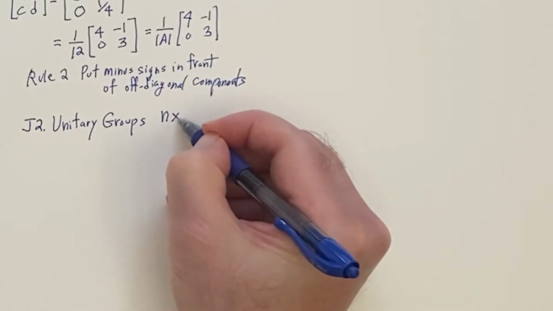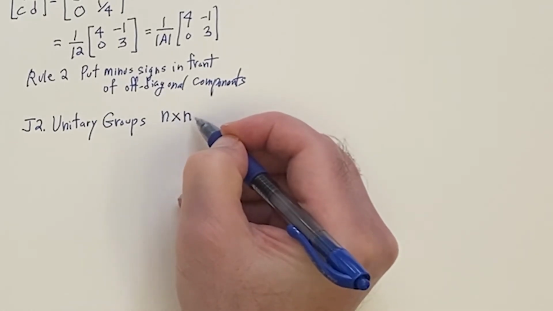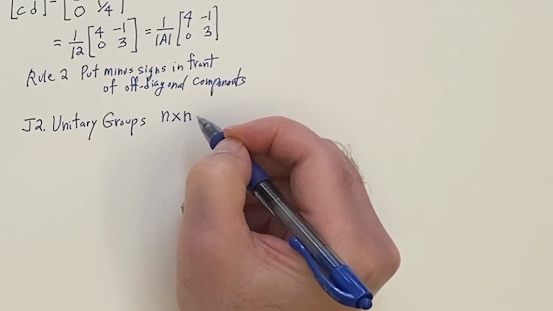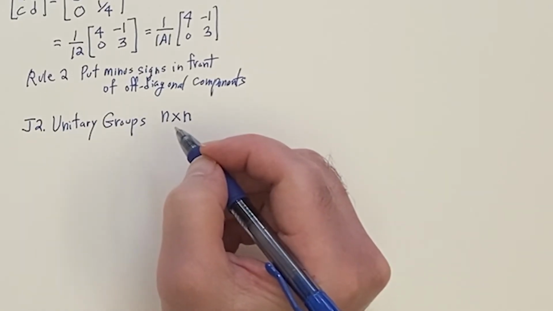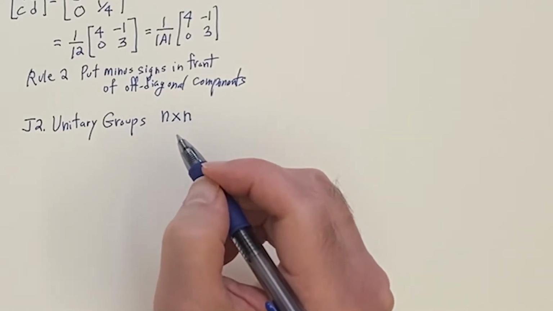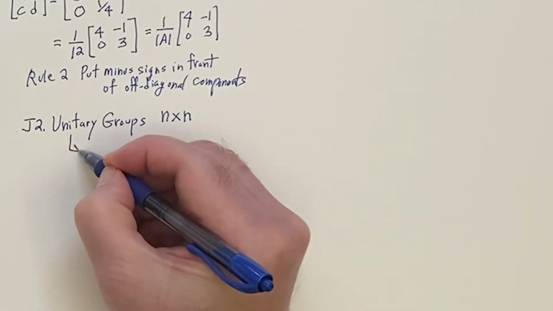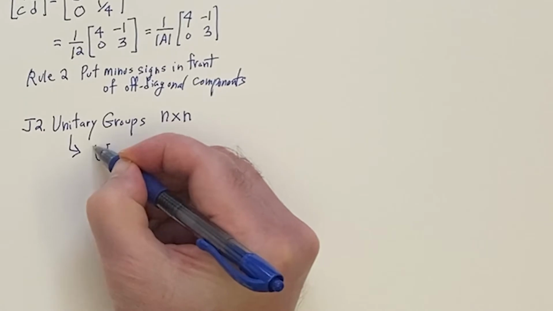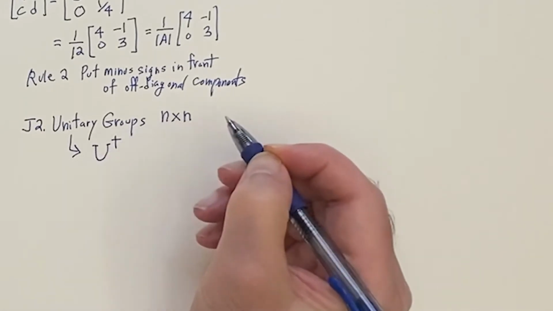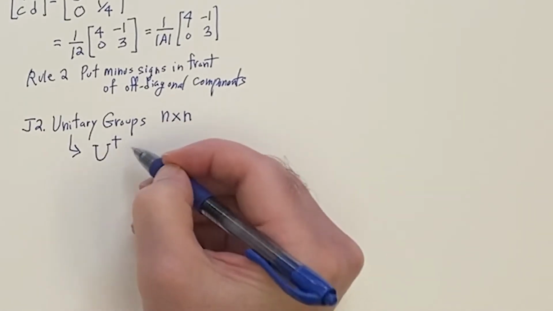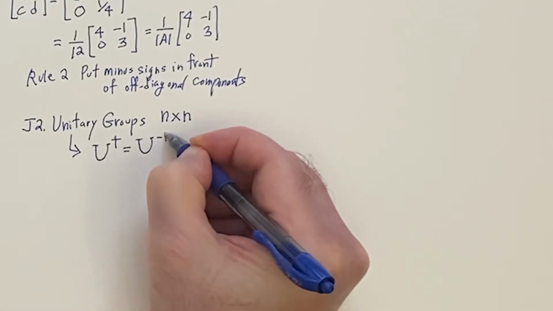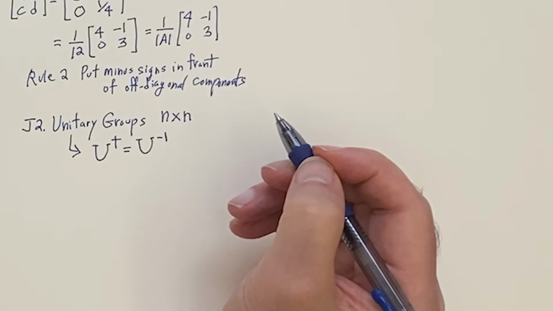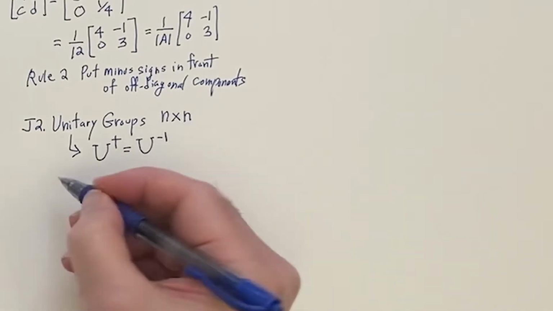But if you take n by n matrices, and then you have the binary operation of matrix multiplication. The definition of unitary is that if you take the Hermitian conjugate of the matrix, the dagger, that's equal to the inverse.